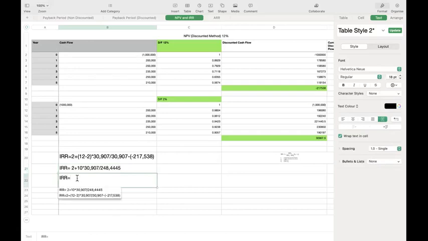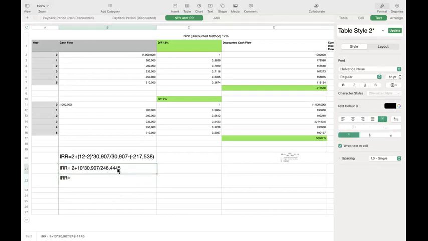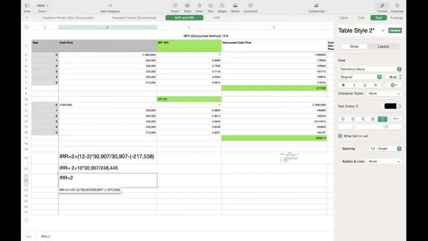Third step, I'm going to divide 30,907 by 248,445. So that will be 2 plus 10 into 30,907 divided by 248,445. I'll get the answer 0.1244.